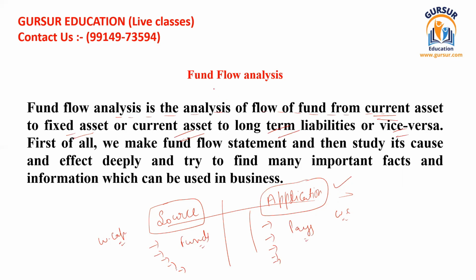So in a transaction, obviously you are students of management or commerce, so you would have got the idea that each and every transaction has exactly two sides or two effects. The one effect is a debit and the second effect is credit.